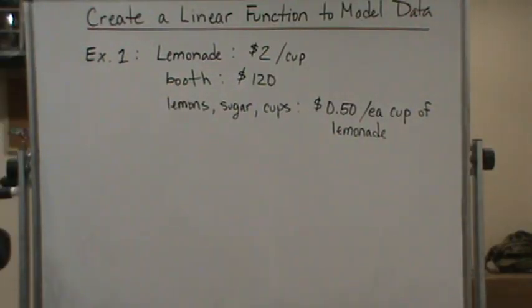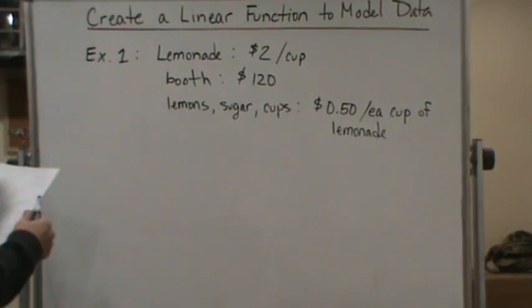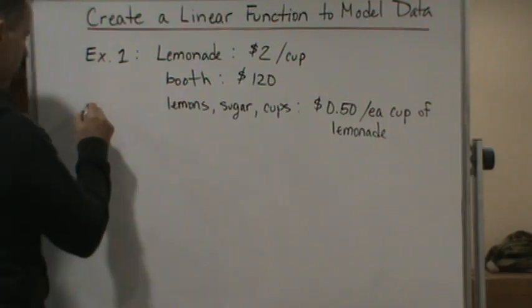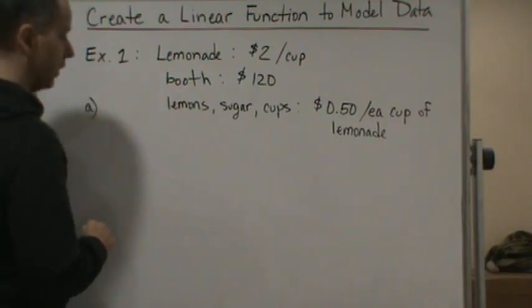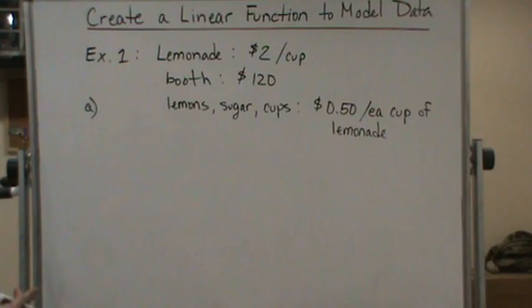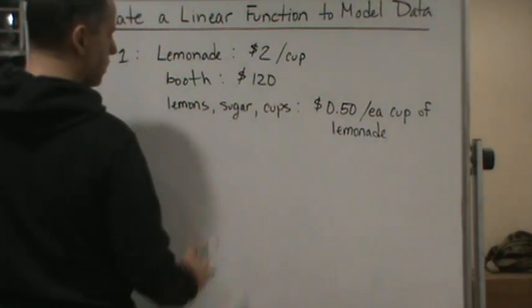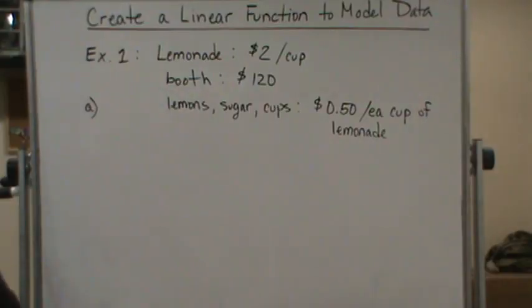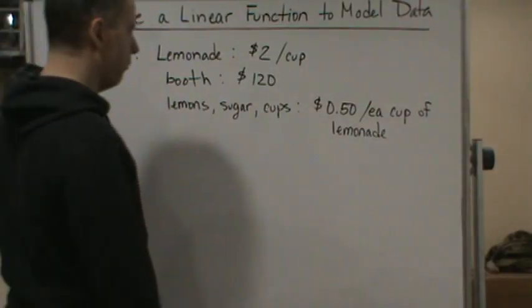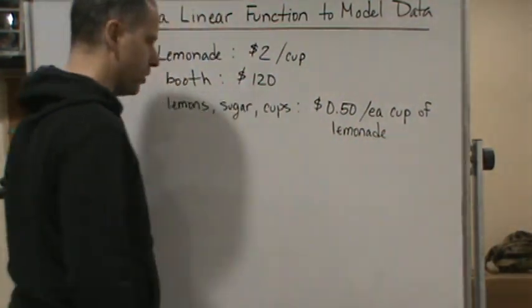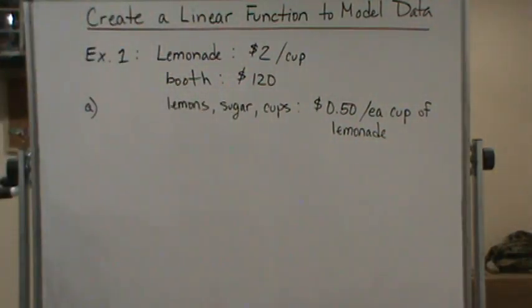So now, first thing they want us to do is write the cost function. Okay? So the cost function is based on what's coming out of our pocket. So what's coming out of our pocket? Well, we've got $120 for the booth. So that's a one-time cost, so that's fixed, right? And then we've got the cost to produce each cup of lemonade, and that's 50 cents each.